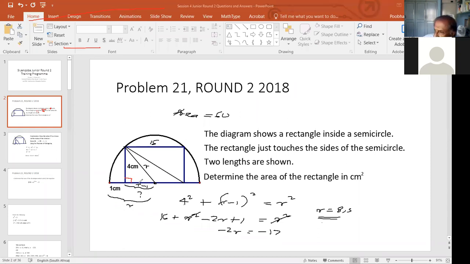You subtract 1, you get 7.5. Double it to get this thing here, 15, and that's what the length of this rectangle is. It's 15. The area is 15 times 4, which is 60.